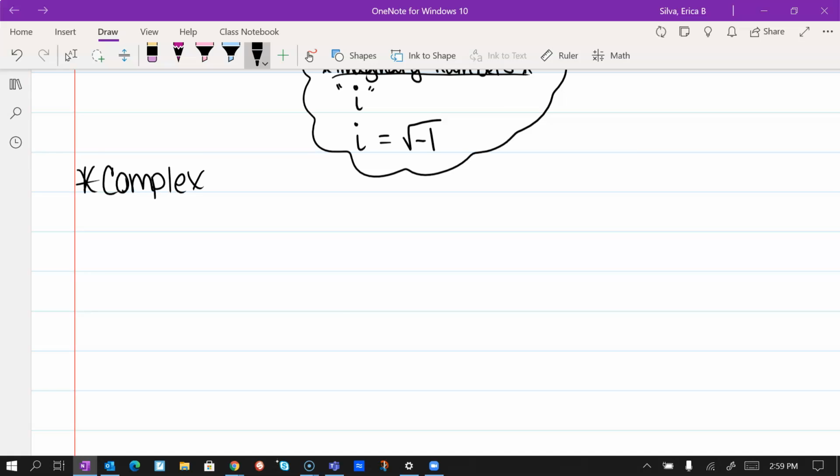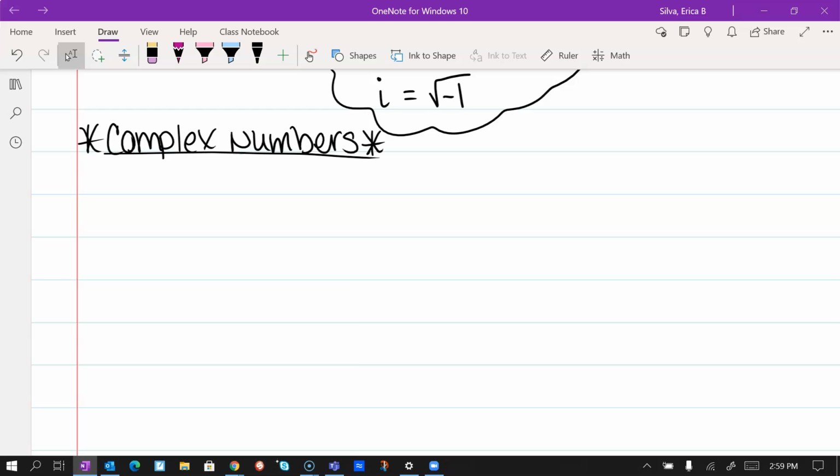And all of these are super fancy sounding words, but they're not. They're not at all fancy. So complex numbers are numbers that are made from a real number, and a real number is any number, plus or minus an imaginary number.